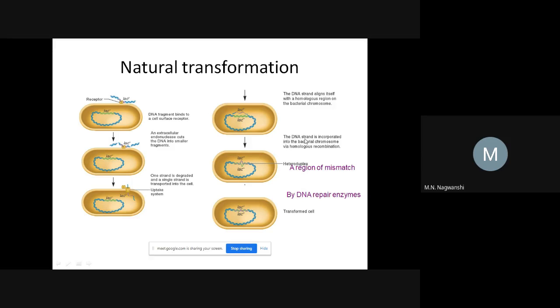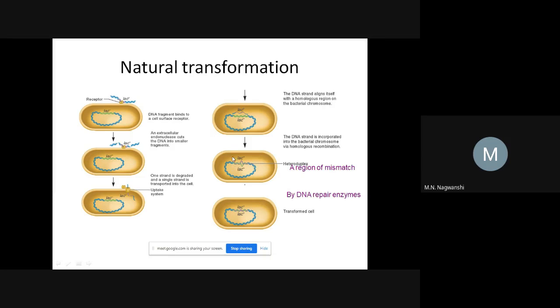The DNA strand is incorporated into the bacterial chromosome. There is a cut taking place in the bacterial chromosome. That complementary fragment is removed and the foreign DNA fragment of the lac is incorporated in the bacterial genome.